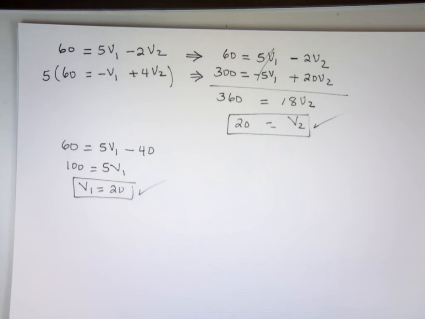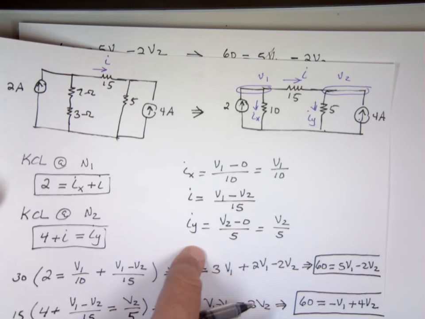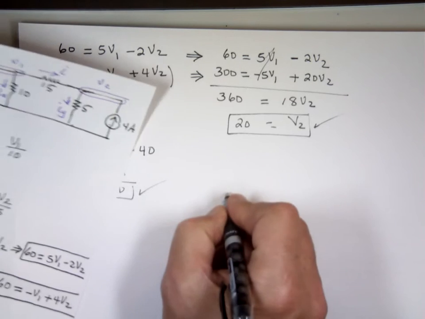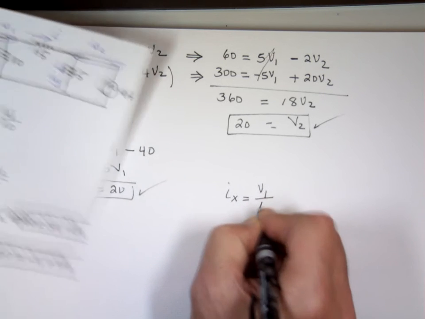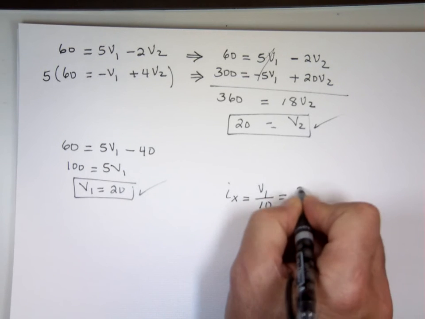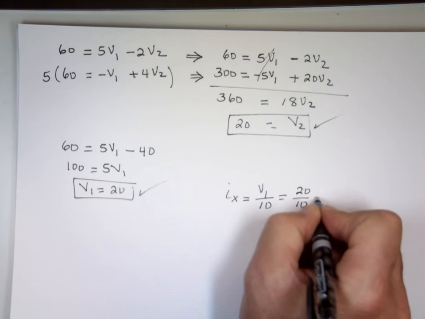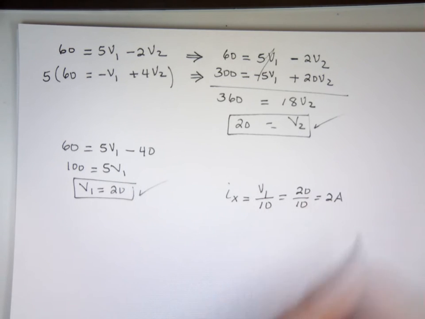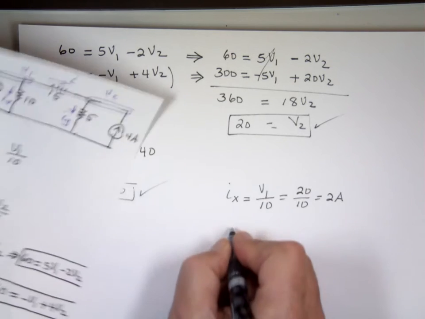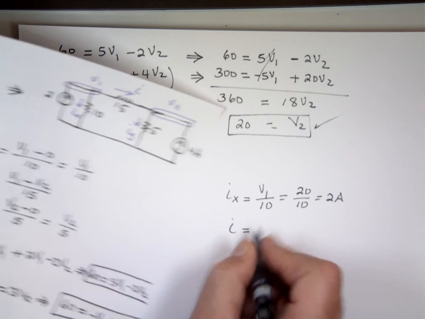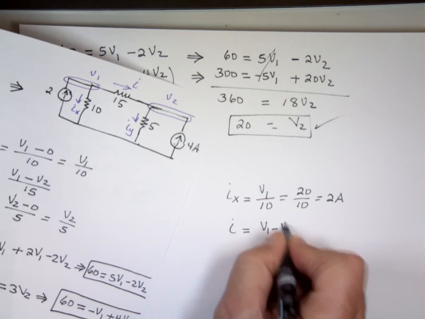Once I have all the values there, can I find I sub 1, I sub 2, or I sub x, I, and I sub y? I sub x was V1 over 10. What's V1? 20. 20 over 10? 2 amps. They weren't looking for it. They just wanted I. I equals V1 minus V2 over 15.